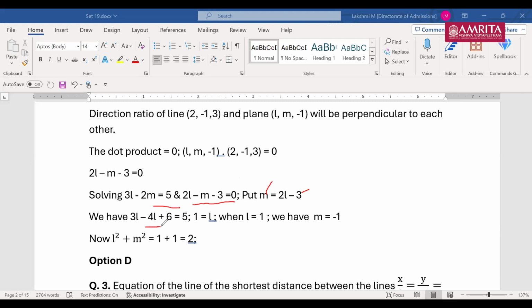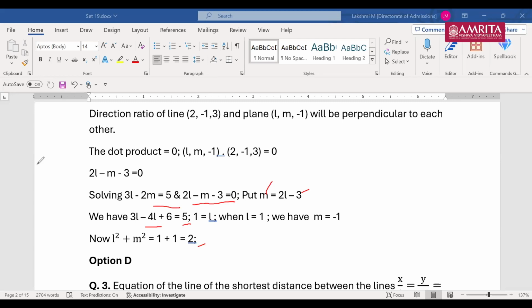So 3l minus 4l plus 6 equal to 5. Solving this, l is equal to 1. If l is equal to 1, substituting here gives minus 1 for m. So I have both of them as 1 and minus 1. The sum of squares is 1 plus 1, which is 2. So option D is the correct answer.